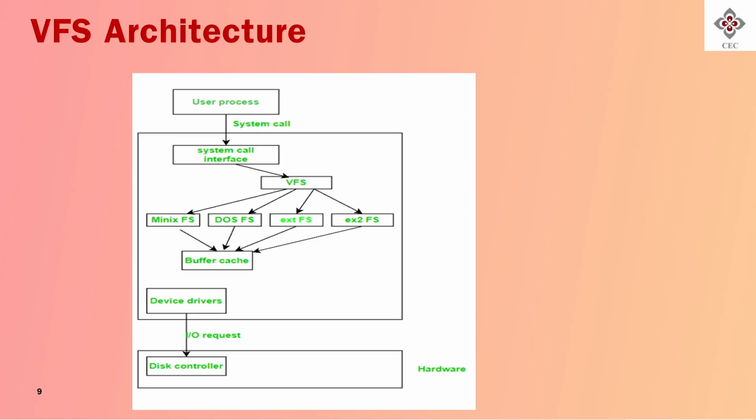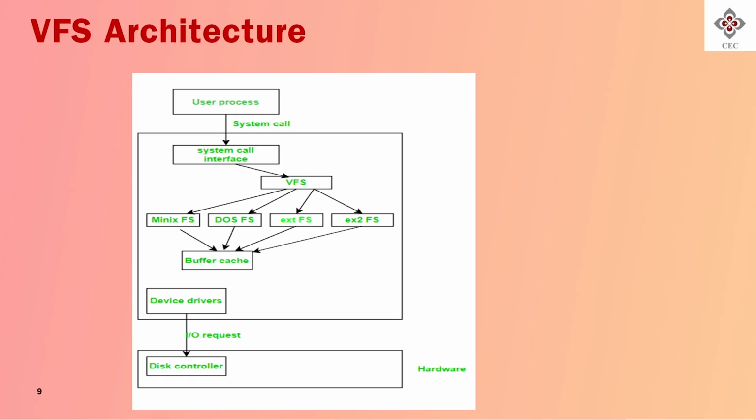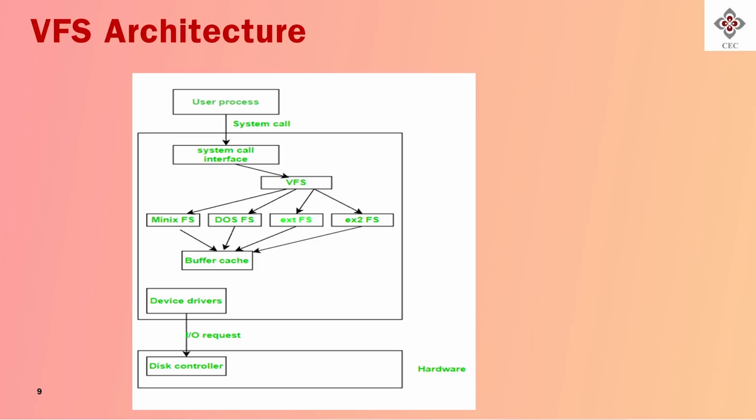Buffering and caching are of course different. It is a temporary storage which holds locally accessible data required by the various file systems. Of course, we have the device driver that can interact with the various outside hardware and invoke various IO requests. So, this is the overall higher view of a virtual file system.